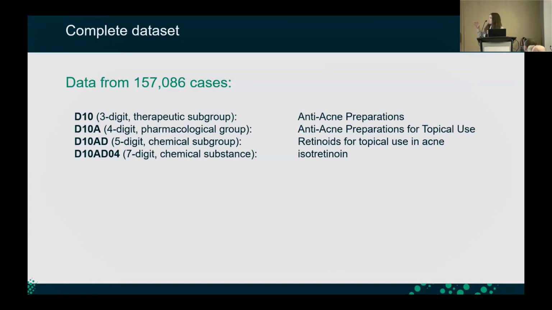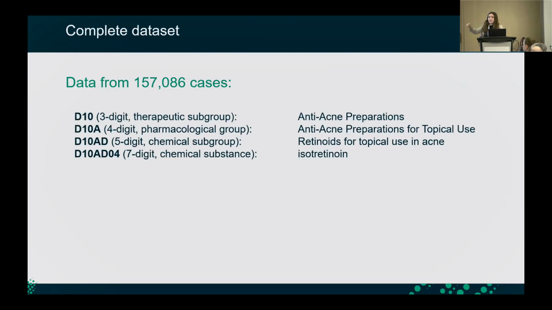The 3-digit therapeutic group would contain all medications that are anti-acne preparations. So you're grouping together a large set of medications. Then at the 4-digit level, these would be all anti-acne medications for topical use. 5-digit level would be just retinoids used in acne. And then at the 7-digit level, it's just the specific medication isotretinoin.